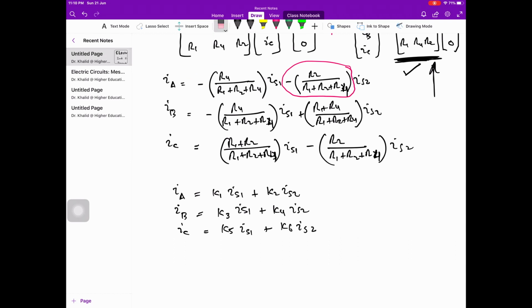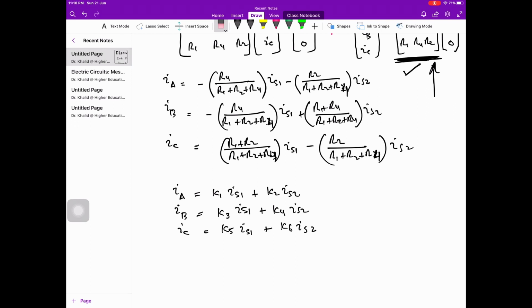You can check the values of K1, K2, K3, K4. Some coefficients have the same value: I can see K1 and K3 have the same value, K2 and K6 are the same, and K4 and K5 are also the same.